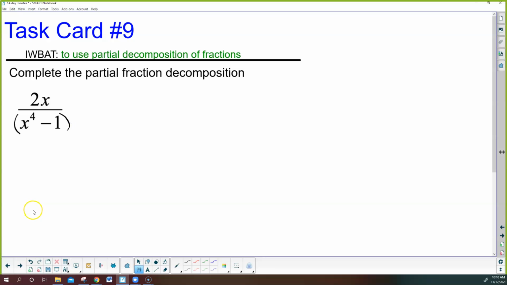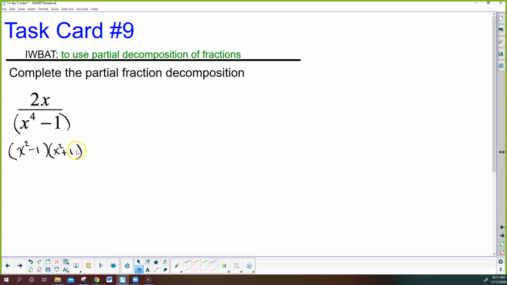All right, so we're thinking, how did I get x to the fourth minus 1? Well, x to the fourth can be made up of x squared times x squared. And the only reason why I'm able to do this is because of the minus 1. If it was other numbers, it wouldn't work that well. But what are the factors of -1 that add up to give me 0? That's -1 and +1.